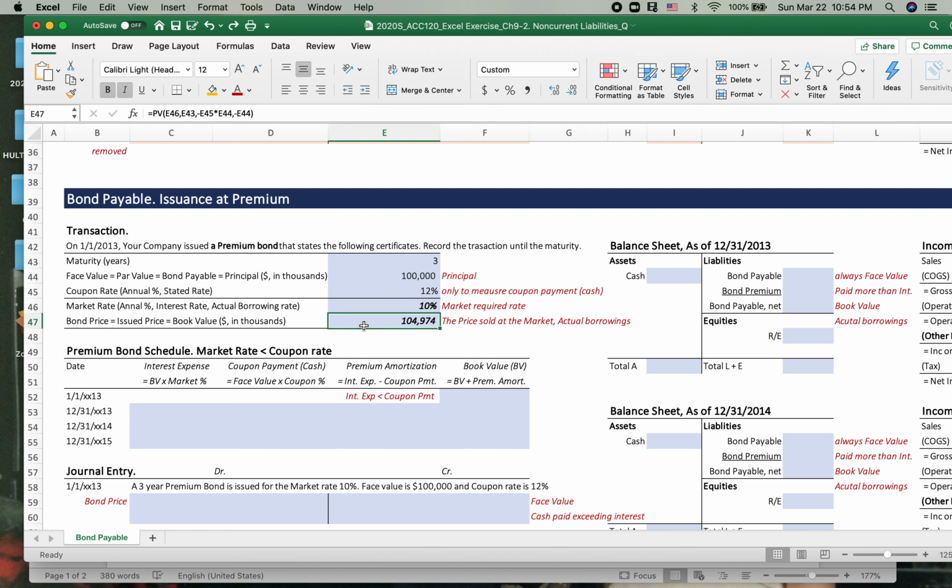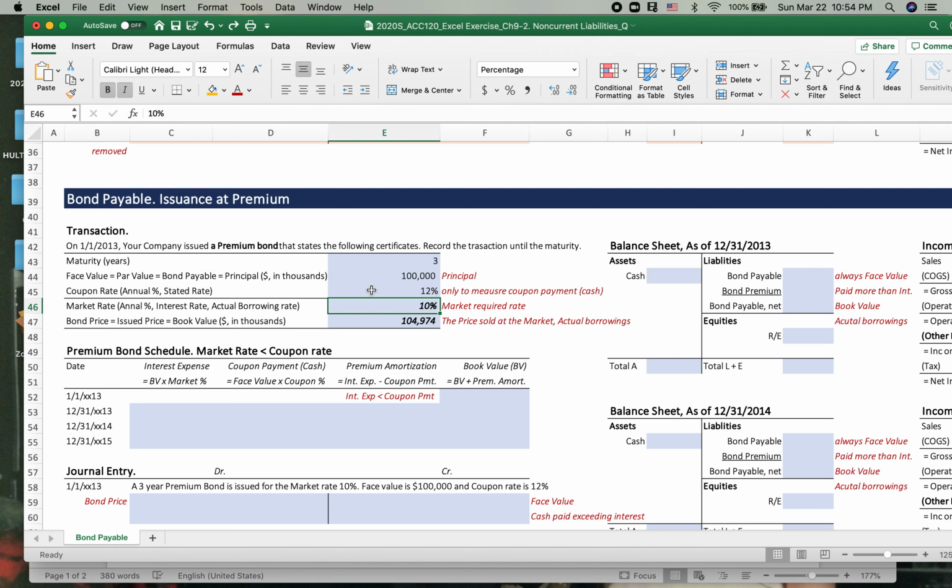The company received 104,974 today, but when maturity comes, the company will pay back 100,000. Why? Because every year end, the company paid more interest than the market requirement.